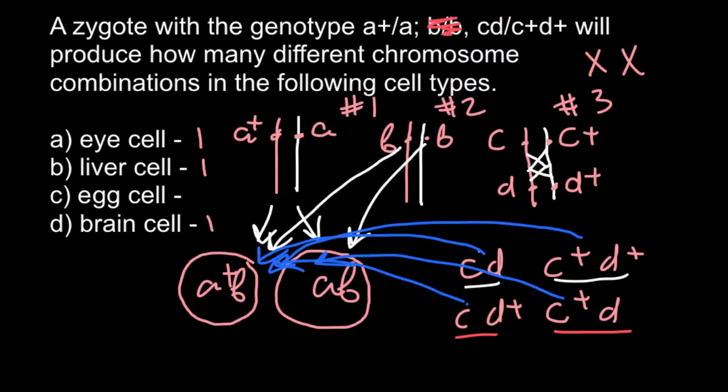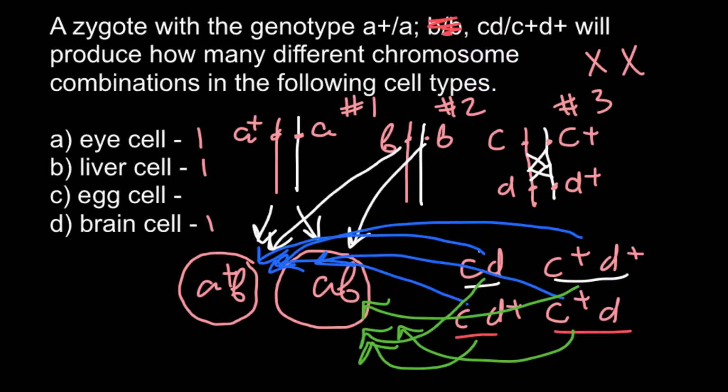So 4 variants here, and also we may have different combination. So A, B, C, D. We may also have such variant as A, B, C plus D plus, and this is going to be third and fourth. So basically, as you see, we have 4 variants here, and 4 variants here.